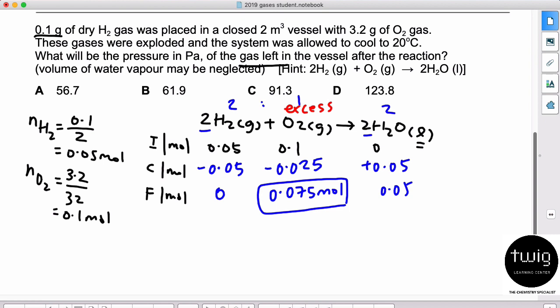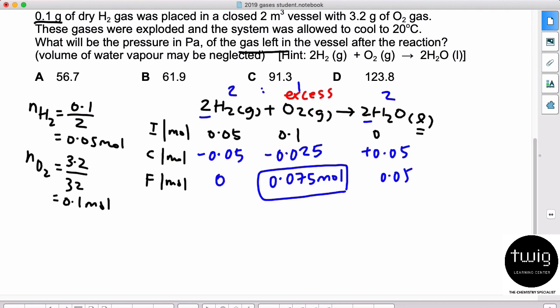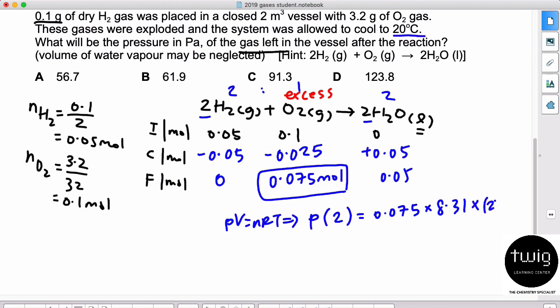You can solve already using PV equals nRT. They're asking what's the pressure. The volume is 2 meter cube, which is already in meter cube. Well done. So the number of moles of gas left over is 0.075, oxygen, R is 8.31, and the temperature is 20 degrees Celsius, so 20 plus 273, temperature in Kelvin.